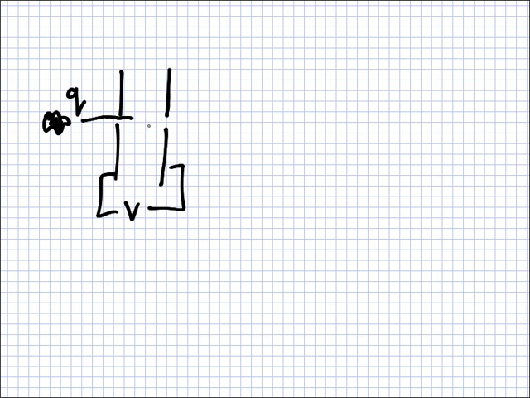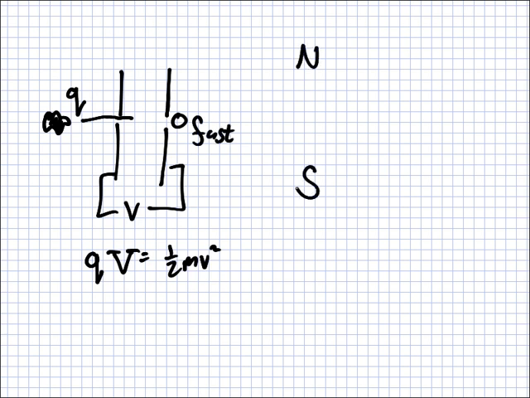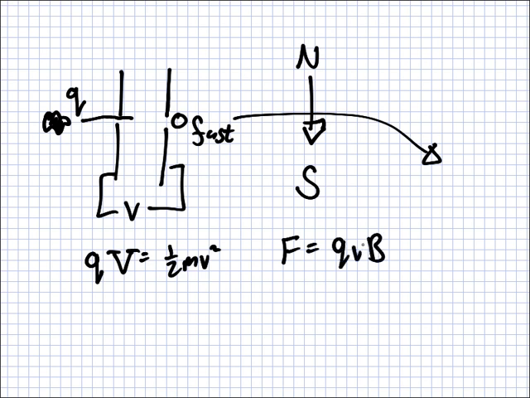It enters the electric field, and you know the formula qV equals a half mv squared. So it'll come out here going very fast, and then it enters a magnetic field, and it will move in a circle. And you have the formula F equals qvB, and this v is the same as this v.